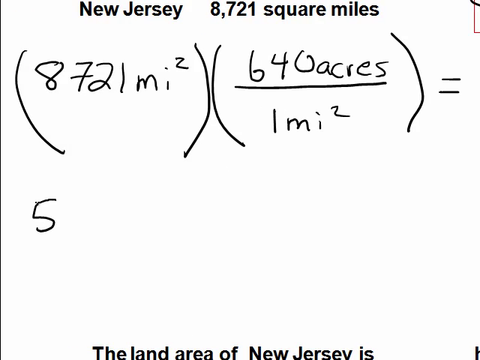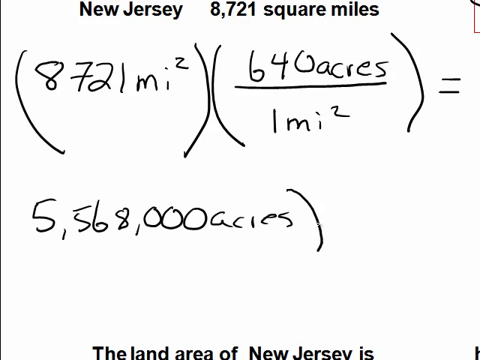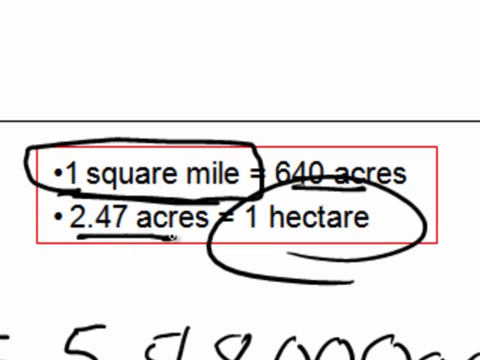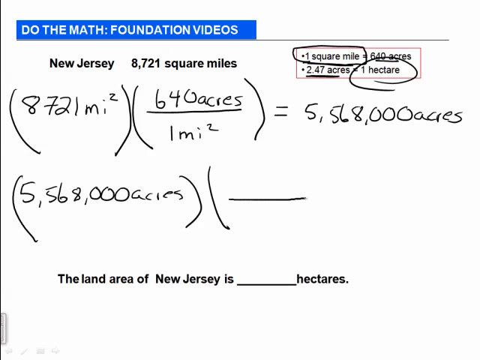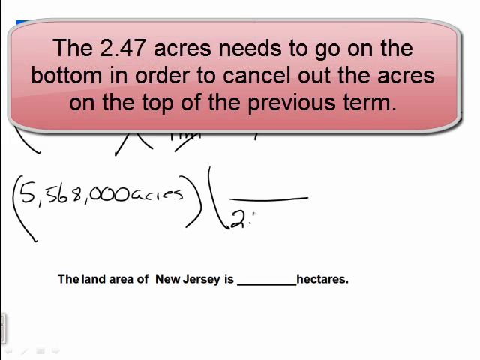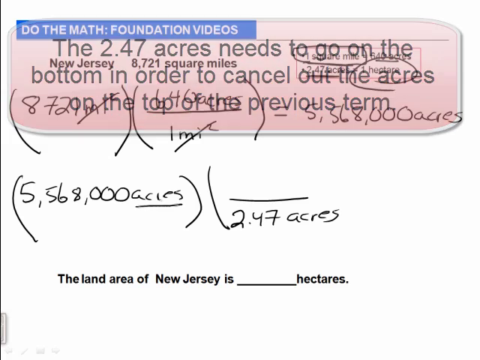So then I'm going to take 5,568,000 acres, put that in parentheses, and use another conversion, this 2.47 acres. When I put the miles squared on the bottom, the miles squared cancel. Then I'm going to say that there are 2.47 acres. Notice how I put it on the bottom first, because I want these acres to cancel.